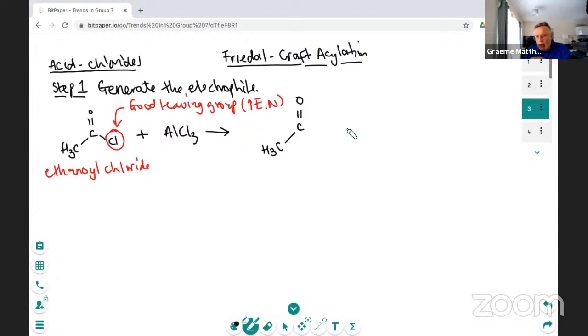Now, when I do that, I'm going to form, and I'll explain this bit in a minute, this. And you go, yeah, hold on a minute. Aluminum chloride, I thought it was AlCl3.